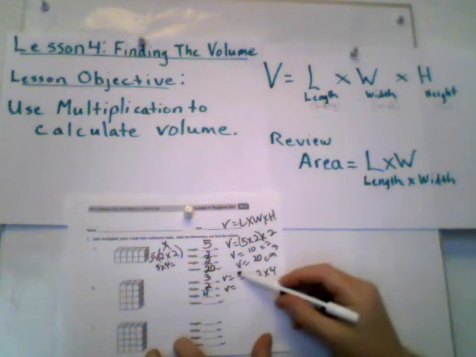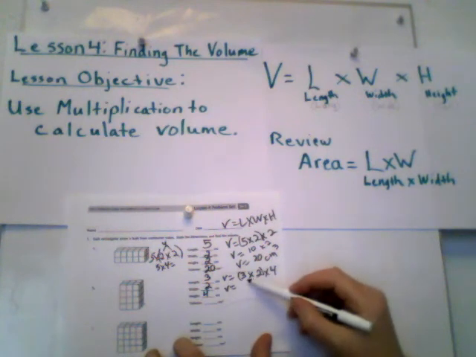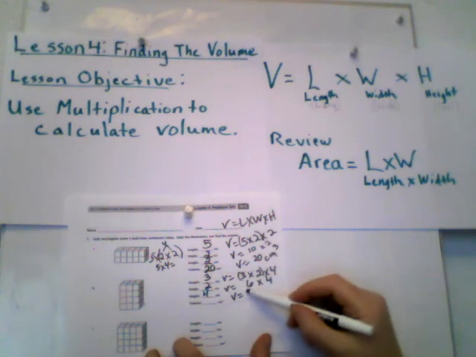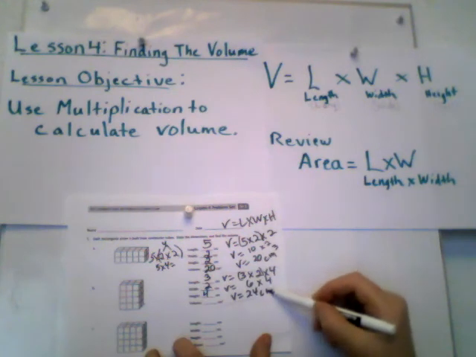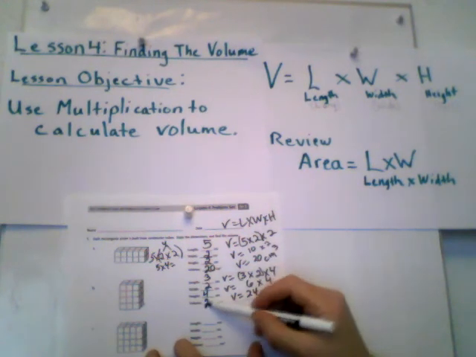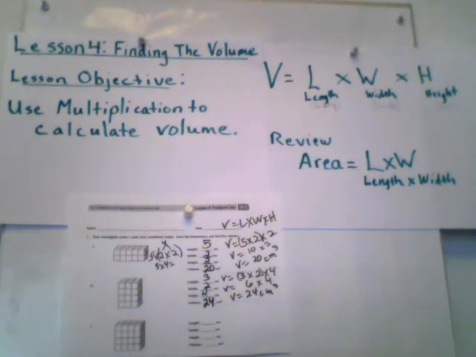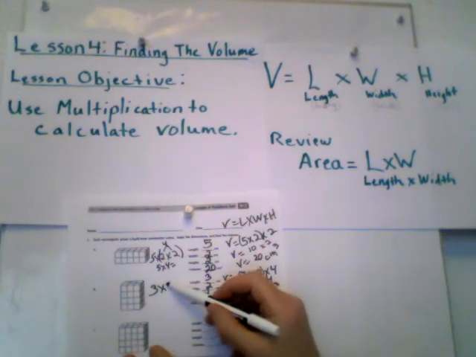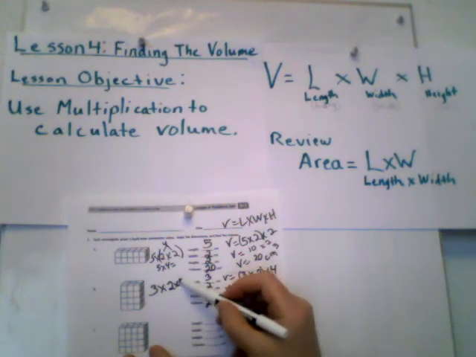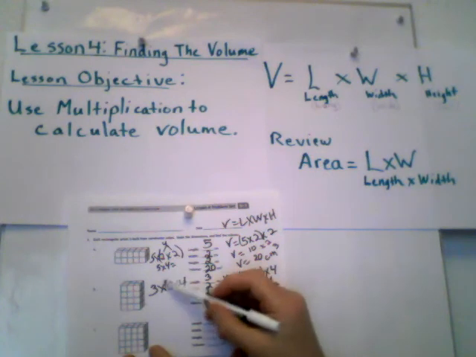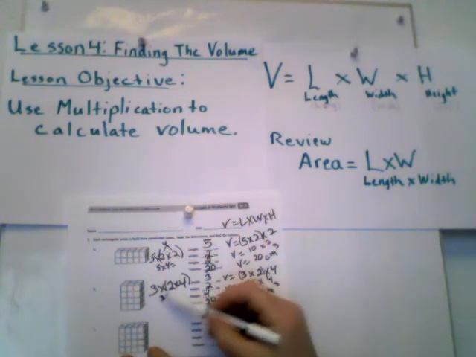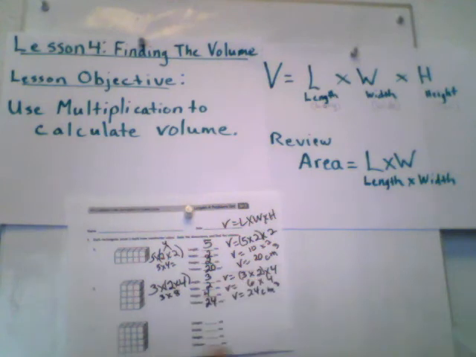I am going to do the 3 times 2 first, which is 6, and 6 times 4 is 24 centimeters cubed. 24 centimeters cubed. And again, if my number sentence is 3 times 2 times 4, and you decided you wanted to do 2 times 4 first, that's fine. Now you have 3 times 8, which is also 24.